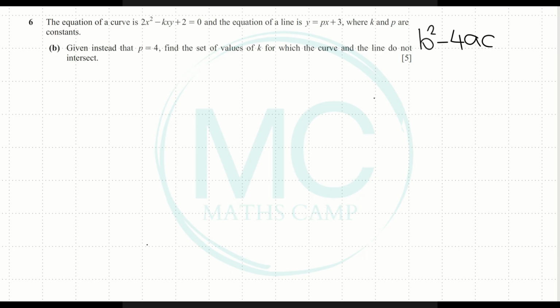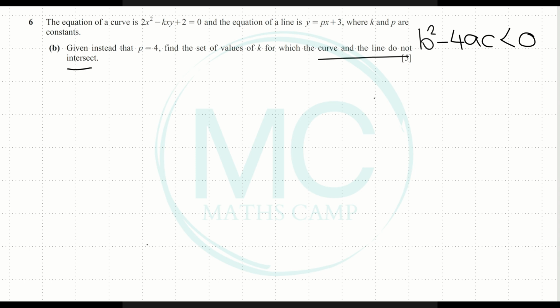In this case, the curve and the line do not intersect, which means that our discriminant will be smaller than 0.